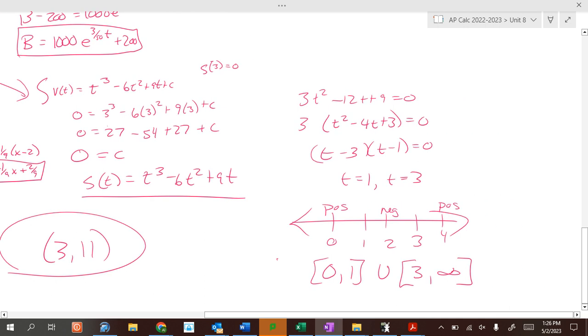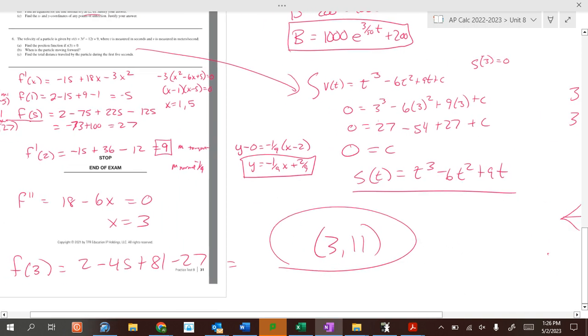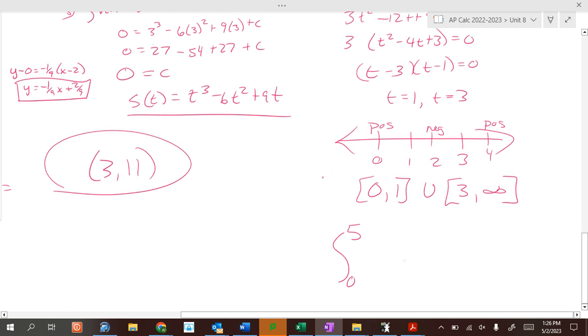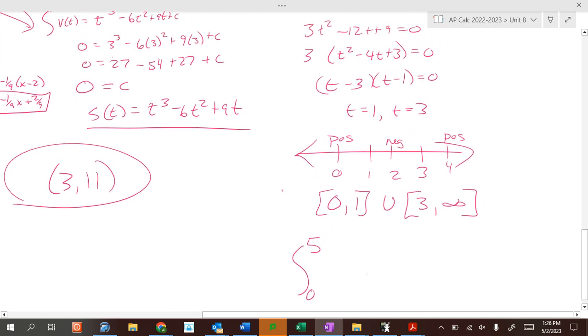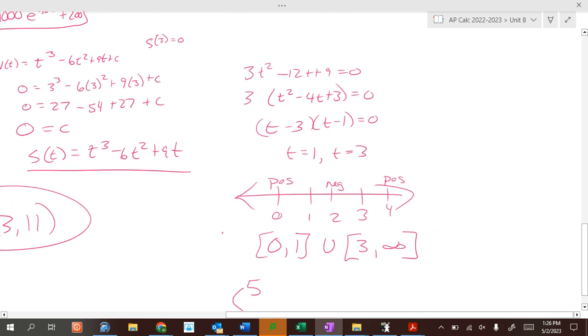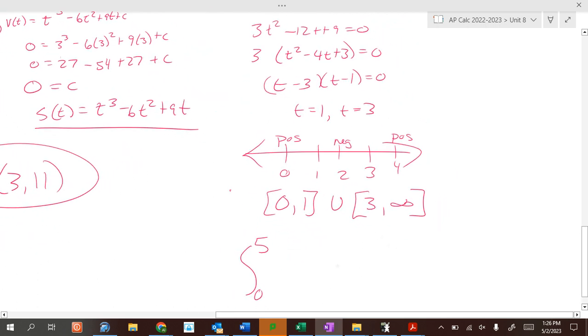Am I right there? Yep. And then finally, what's the distance traveled in the first 5 seconds? When you're finding distance traveled, it's the integral of the first 5 seconds of the velocity, or the absolute value of the velocity.